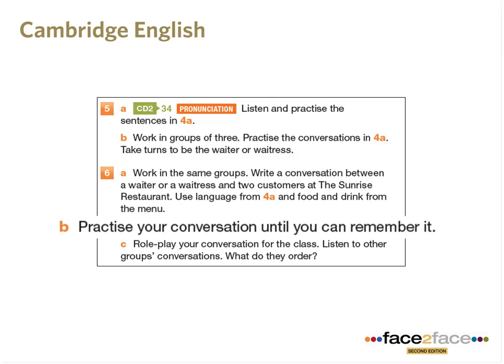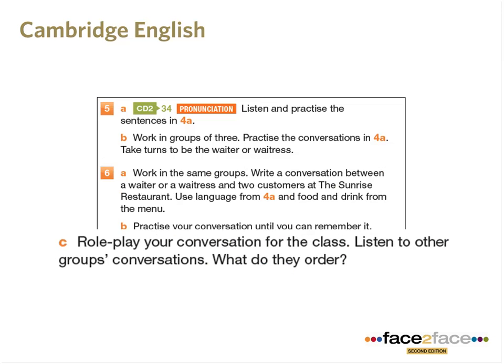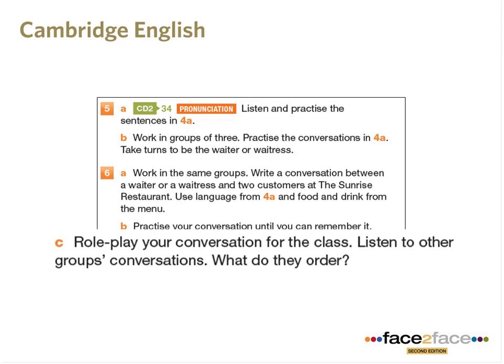And this really helps it stick in their mind. And finally, they role play the conversation for the class. Listen to other groups and decide what they order. So that's a standard, tried and tested format for teaching the language. Present very clearly through a video, focus on the language, pronunciation, controlled practice, freer practice.